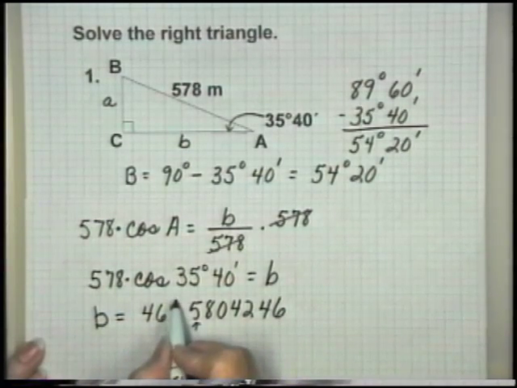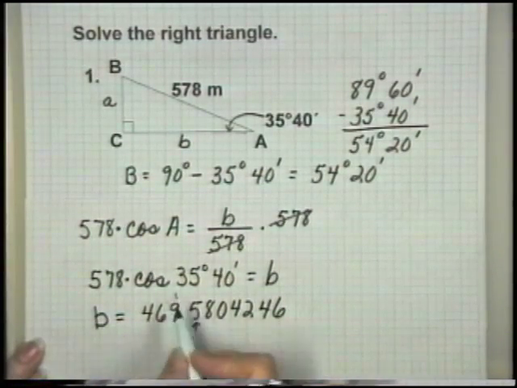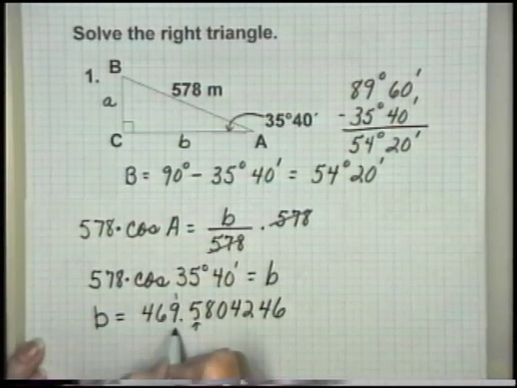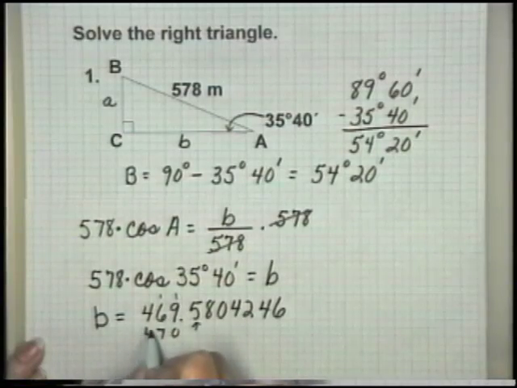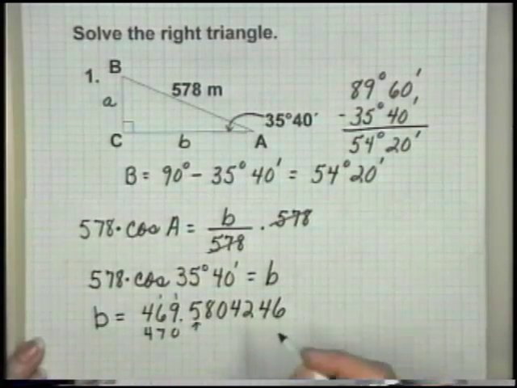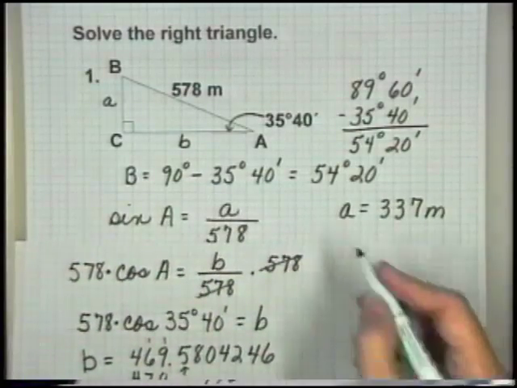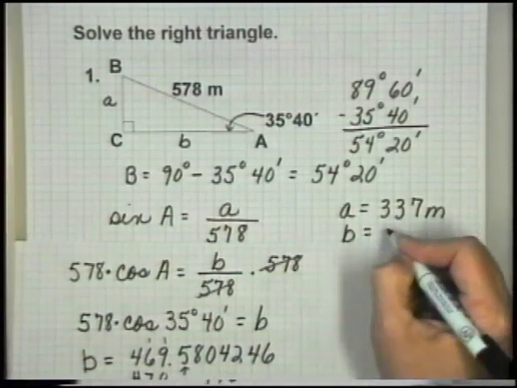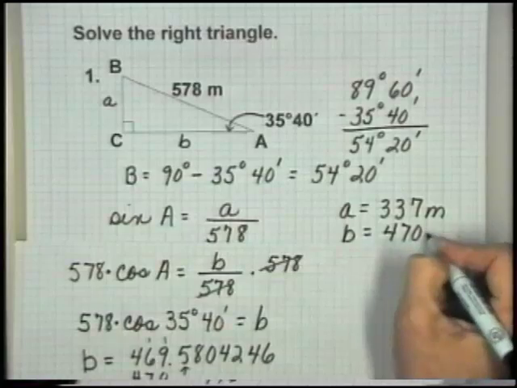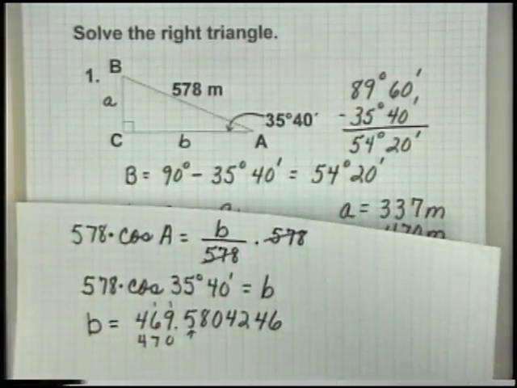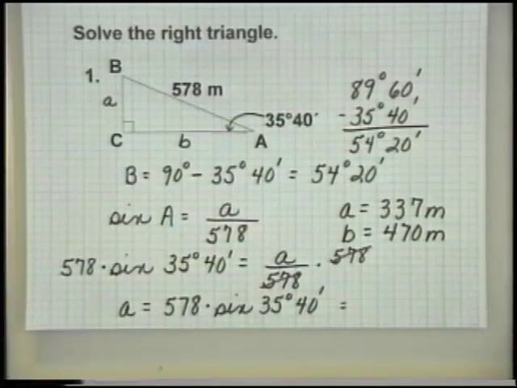So since this is a 5, that tells me to round up, add 1, so I get a 10, add 1. So what I end up with here for B rounded, my approximate number, is 470, and of course that is meters.